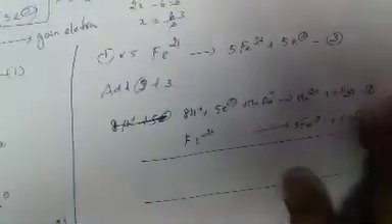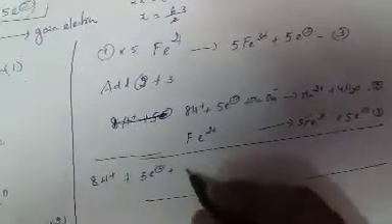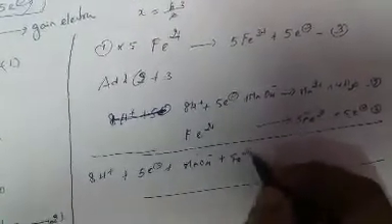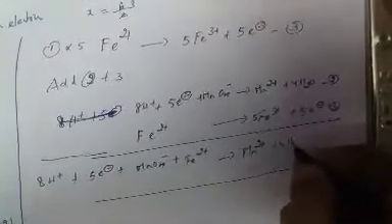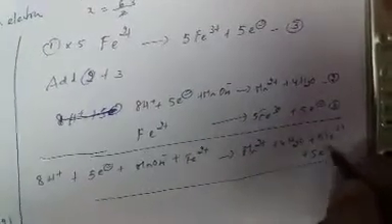You add these two equations. Just add the left hand side and right hand side separately. Therefore, 8H+ plus 5 electrons plus MnO4- plus 5 Fe2+ gives Mn2+ plus 4H2O plus 5 Fe3+ plus 5 electrons. According to the cancellation law, the 5 electrons get cancelled.